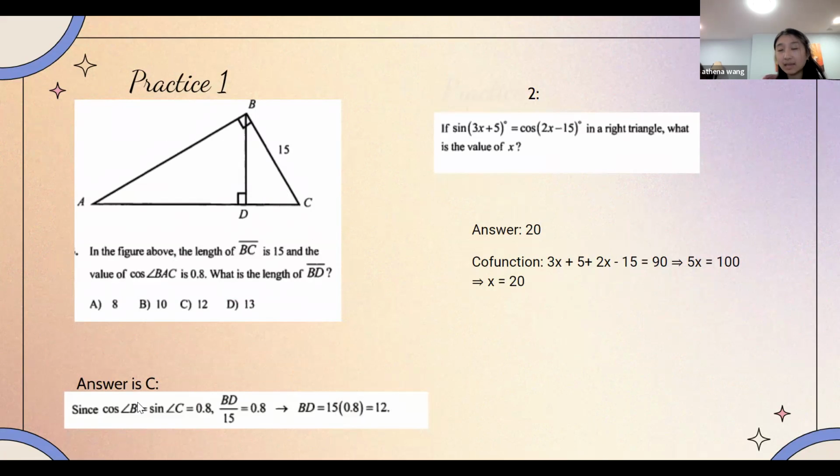For our next one, we still use our cofunction, which tells us that 3x plus 5 plus 2x minus 15 must equal 90 degrees, because that is how we define our cofunction. So 5x equals 100 degrees, so x is 20 degrees.